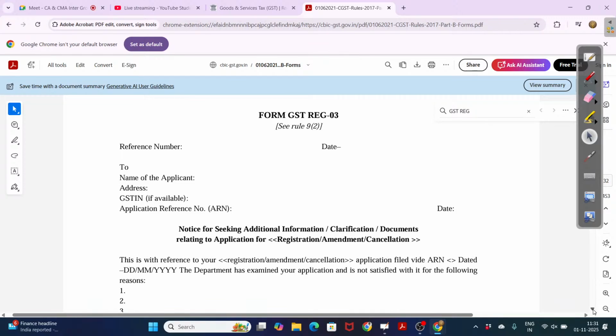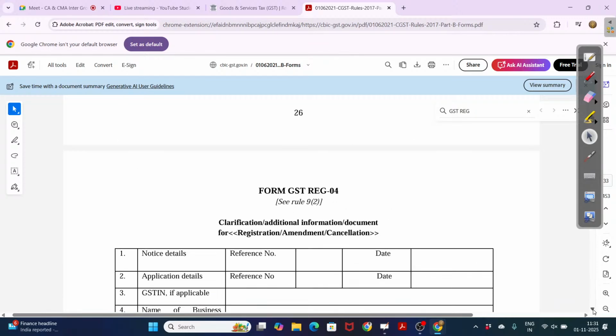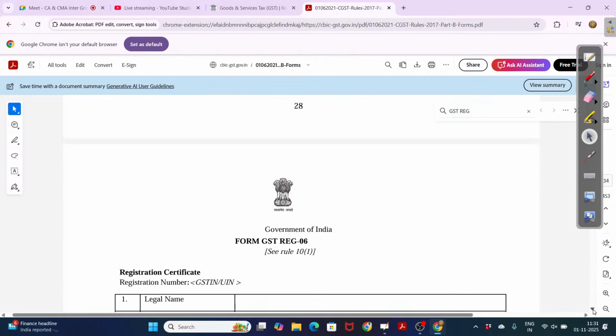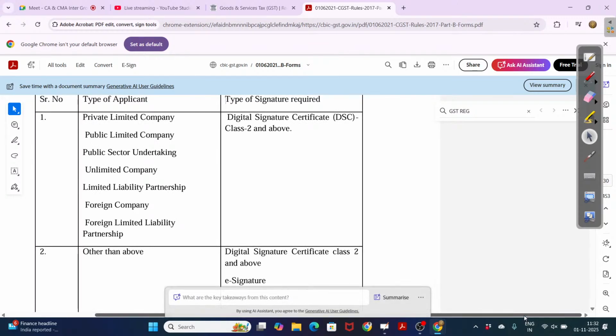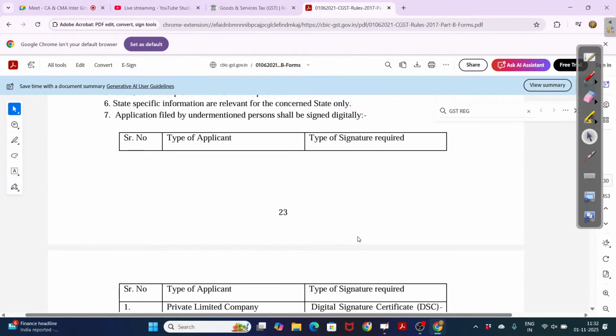REG-3, any additional information if the department expects from you to process your registration, they will send in this format. REG-4, clarification. Once registration is confirmed, this is the format. You have to display this in your principal place of business as well as additional places of business.